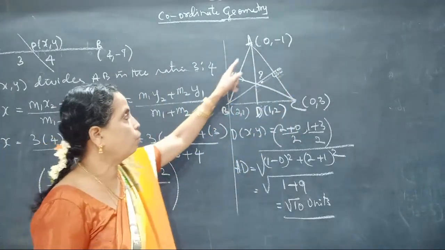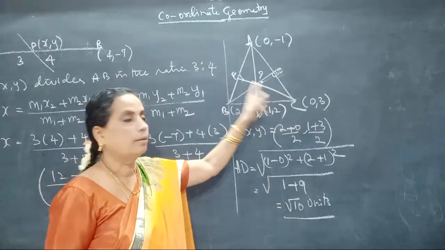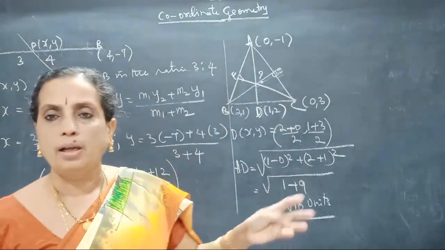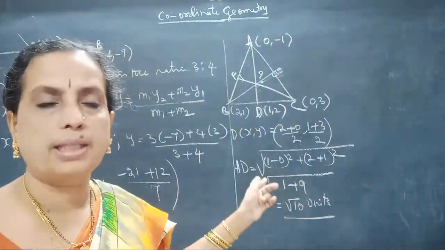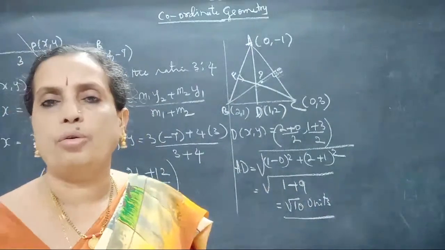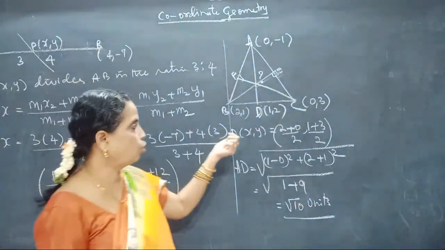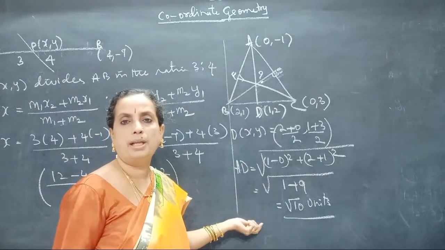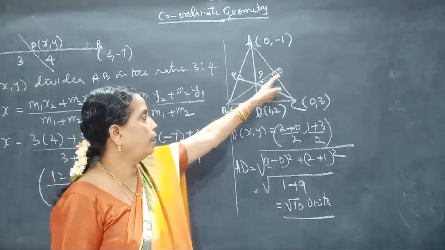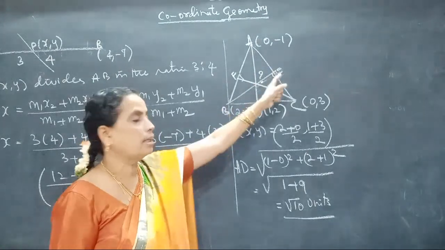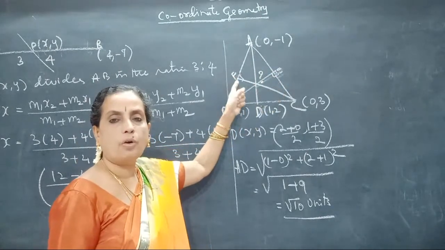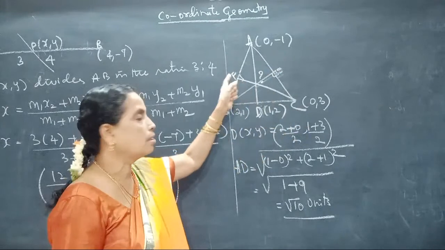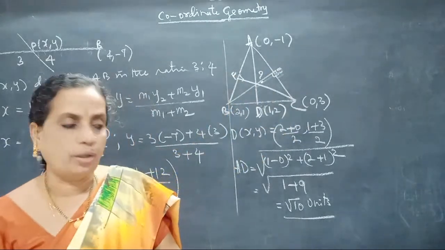Coordinates of F using the midpoint formula, then the distance. I will continue tomorrow's class with this answer. You have to work it out. First D coordinate, then distance of median AD. E coordinate, then distance BE. F coordinate, then distance CF. So try to answer it.